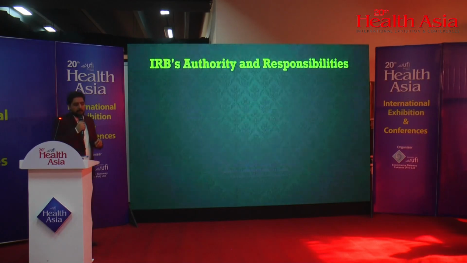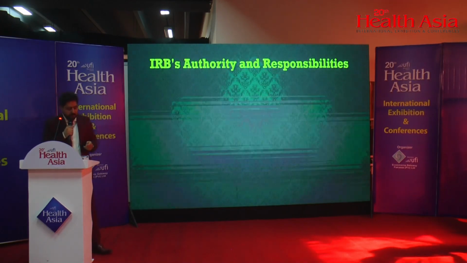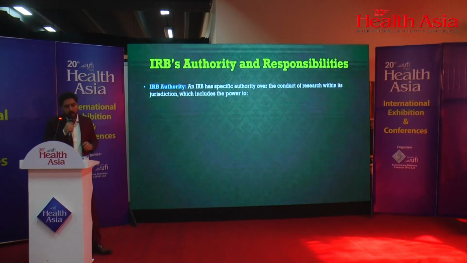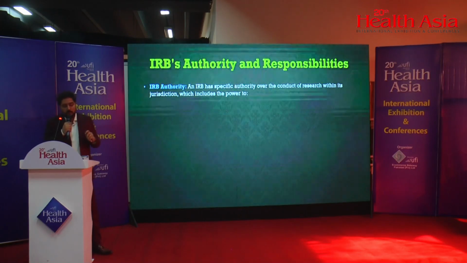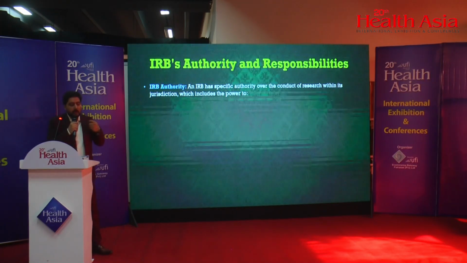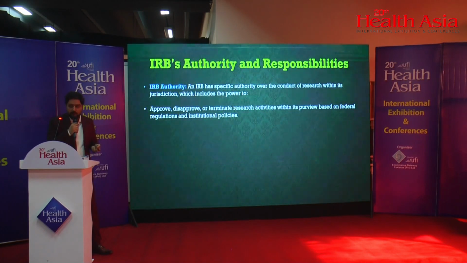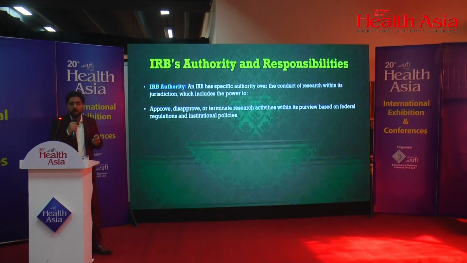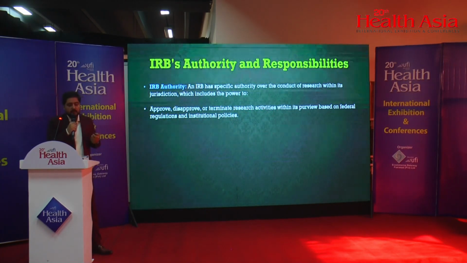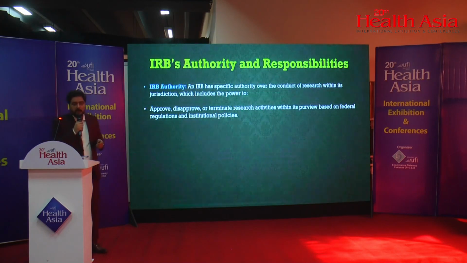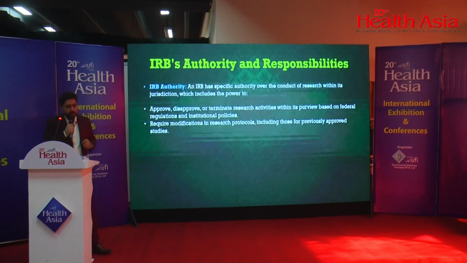So, IRB authorities and responsibilities. An IRB has specific authority over the conduct of research within its jurisdiction, which includes the power to approve, disapprove, or terminate research activities within its purview, based on federal regulations and institutional policies.